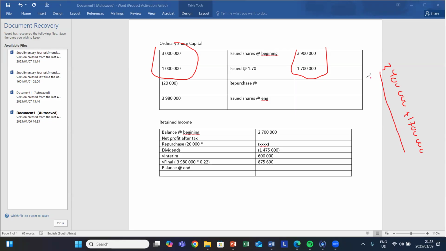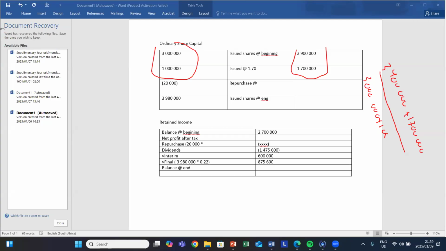So say 3 million plus 1 million, and then we'll get your average price for the repurchase.